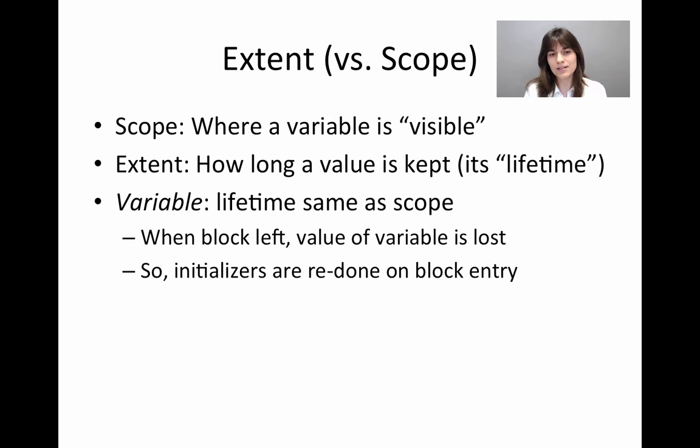For variables, the lifetime, the extent, is pretty much the same as the scope. As soon as we leave the block of code where the variable was declared, then the value of the variable is also lost. So if I declare, for example, inside the method body a variable called z, as soon as the method completes its job and finishes, then the value of that local variable inside the method is also lost.